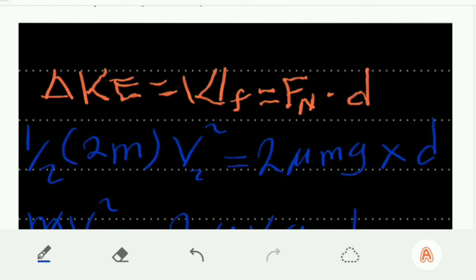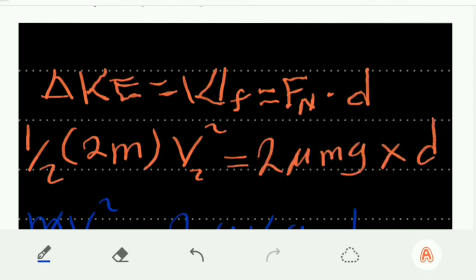So we have half 2m v2 squared being equal to 2 mu mg times the distance. Again, this 2 on the right hand side is simply there to show that we are considering the mass of both vehicles. So it is 2m times mu, the coefficient of friction, and the weight of the vehicle, multiplied by the distance they are both covering.